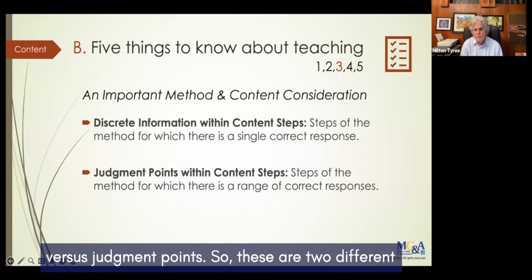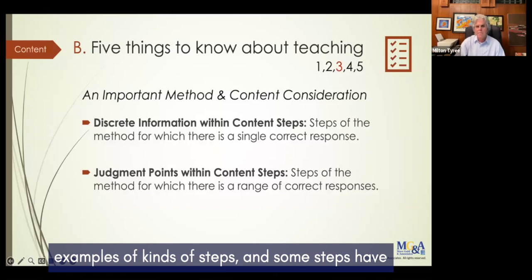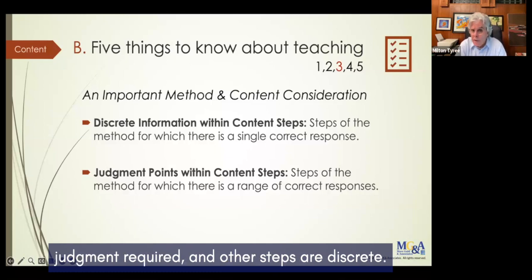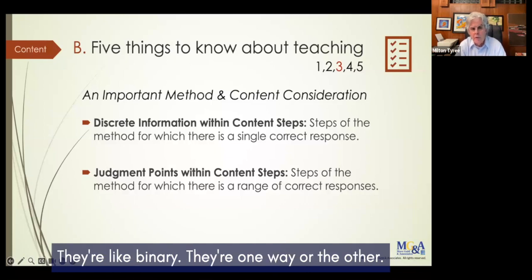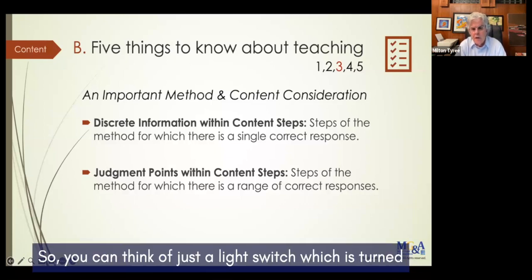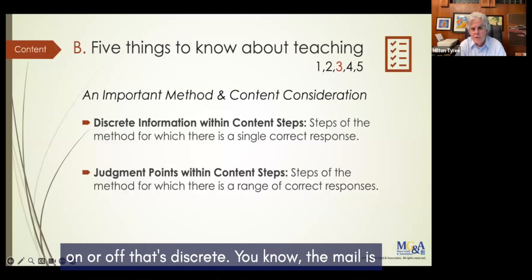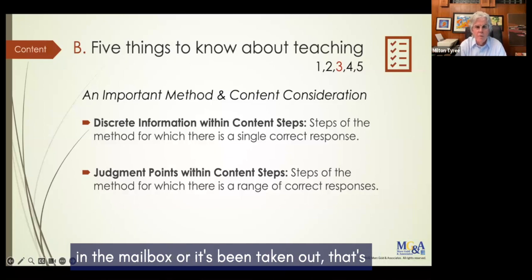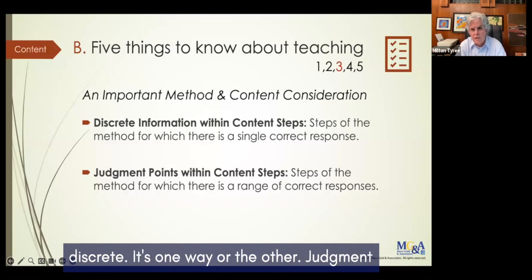So these are two different kinds of steps. Some steps have judgment required, and other steps are discrete. They're like binary. They're one way or the other. So you can think of just a light switch being turned on or off. That's discrete. The mail is in the mailbox or it's been taken out. That's discrete. It's one way or the other.